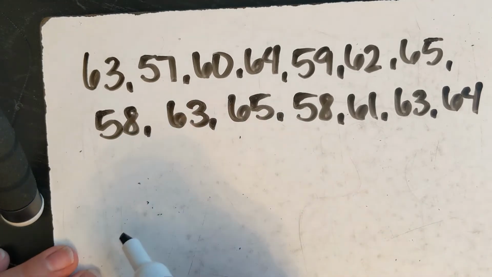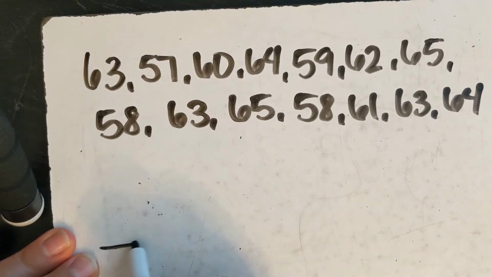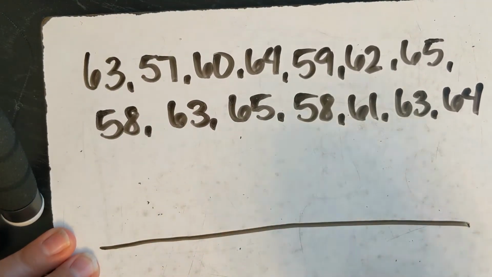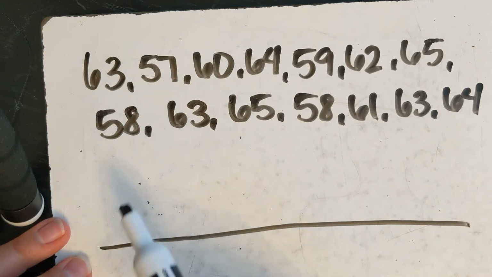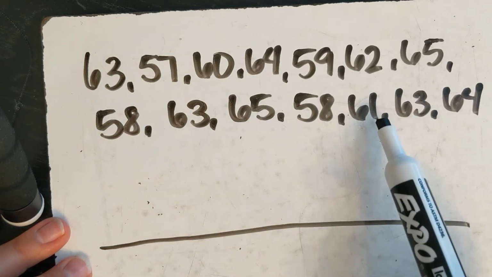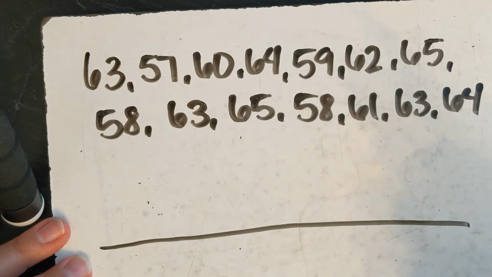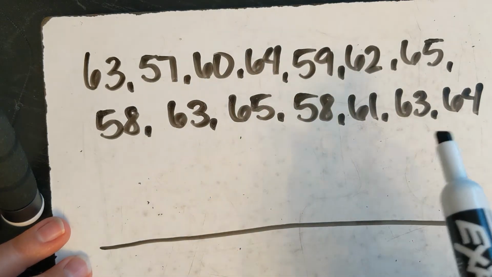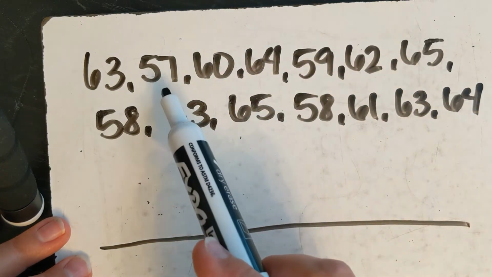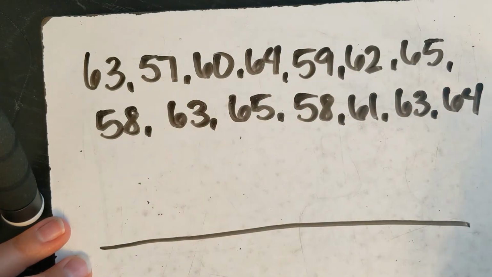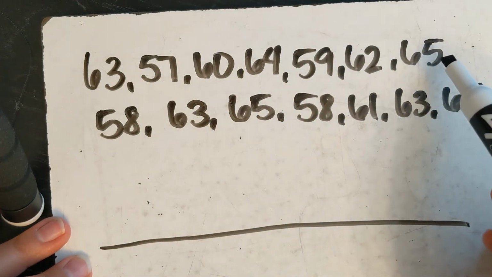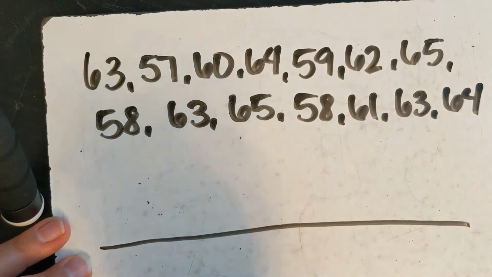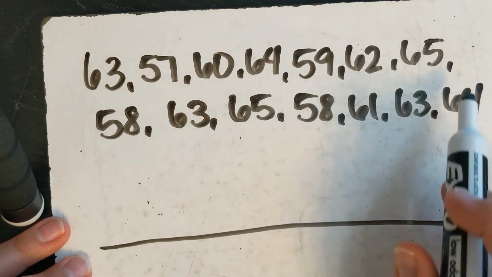Based on this data, I'm going to draw my line right down here below. I can see my bottom number is 57, and my top number is 65. Let me make sure, 57 is my lowest.